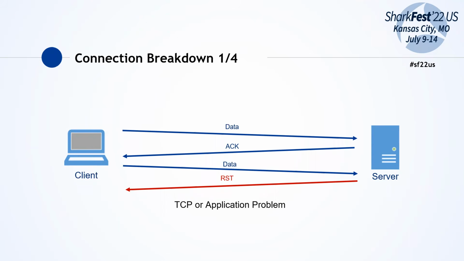So we need to be sure that there's more data that needed to be sent, but we see a reset to diagnose, hey, this is like a crash of an application, or maybe there's something in the TCP data that is so badly wrong arriving on the other side that the server decided, hey, I can't work like this. Let's stop and shut it down.